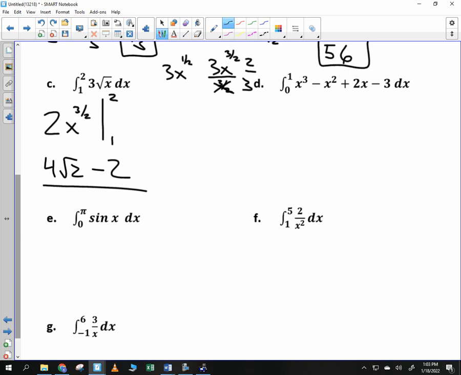Good? Here I have more than one part. No problem. Just do each part. What's the antiderivative of x cubed? X to the 4th over 4. Minus, what's the antiderivative of x squared?